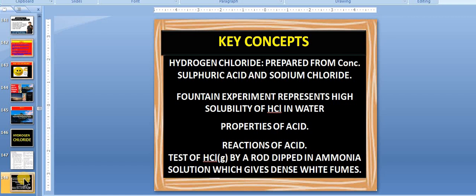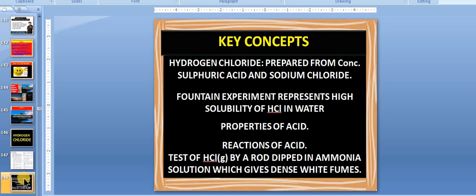This is the absolutely right answer. But sometimes students mention that it is about the acidic character of hydrogen chloride. So please remember, this is secondary. The primary answer is solubility of hydrogen chloride in water, which will help to gain the marks.